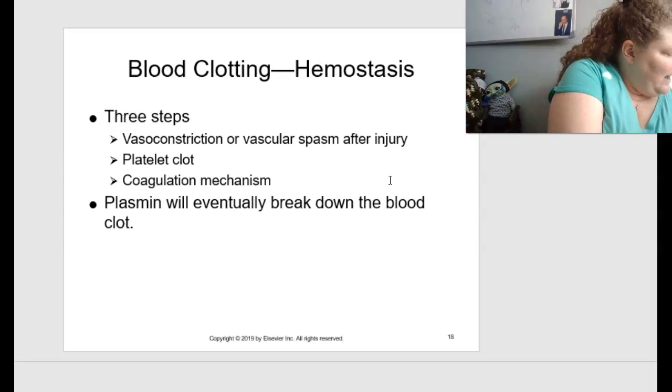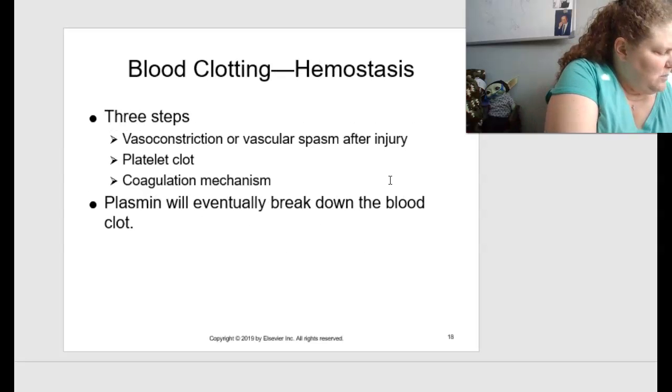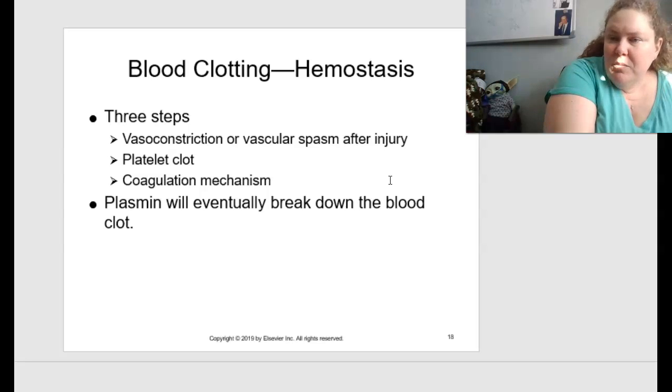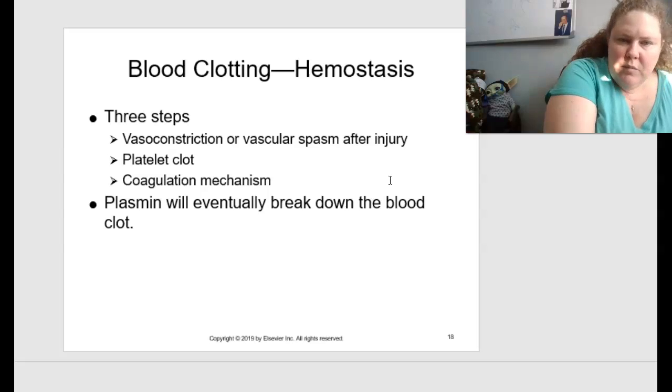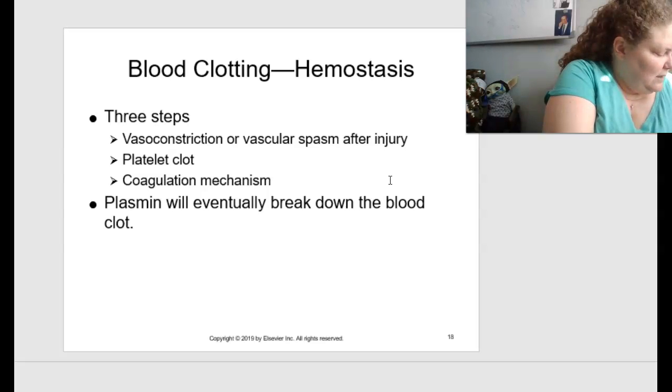The first immediate response of the blood vessel to the injury is vasoconstriction, or the vascular spasm. In the small blood vessels, this decreases the blood flow, and it may allow a platelet plug to form to stop the bleeding. Second, thrombocytes tend to adhere to the underlying tissue at the site of the injury, and if the blood vessel is small, they can form a platelet plug to plug the bleeding in the vessel.